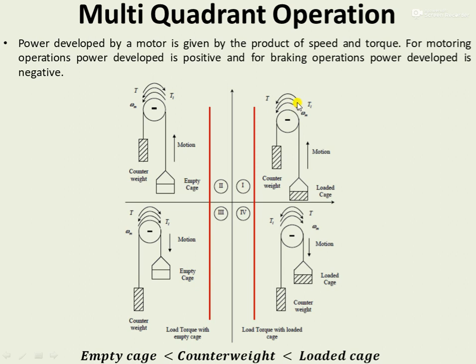Please listen very carefully. As the motor torque which is in counterclockwise direction is indicating the positive motor torque, the load torque which is opposite to that of the positive motor torque is the positive load torque. That's why even though the direction of load torque is in the clockwise direction which is opposite to that of the motor torque, here it is having a positive sign.